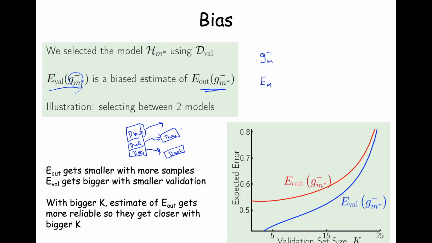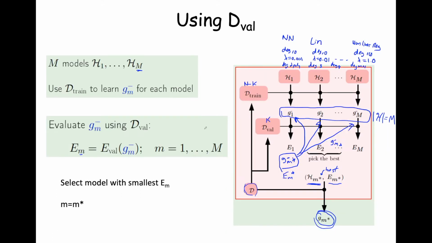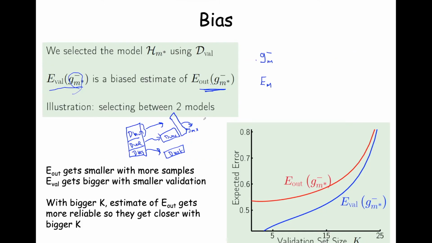So after you select your g_m star minus, you combine your D train with your D val. So you combine these two, and you input that here to get your best version of your final best hypothesis, and that's what we're referring to as g_m star, because it's no longer the minus, it's now g_m star, because we've given it the full training set.